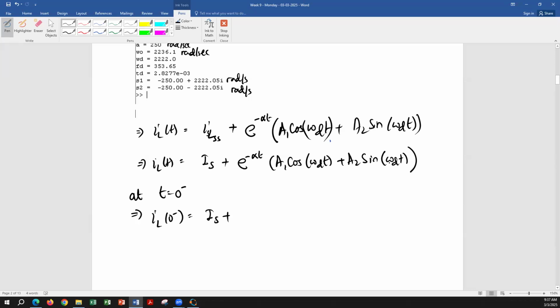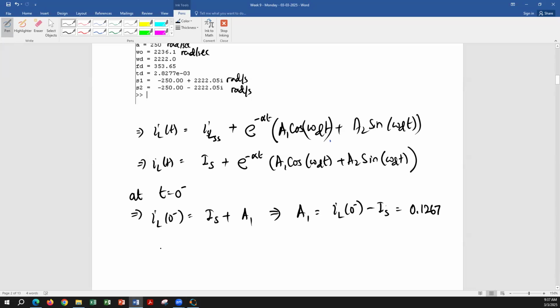This is going to be 1, and then this is going to be 0, so A1 is going to be left. 0.1267.